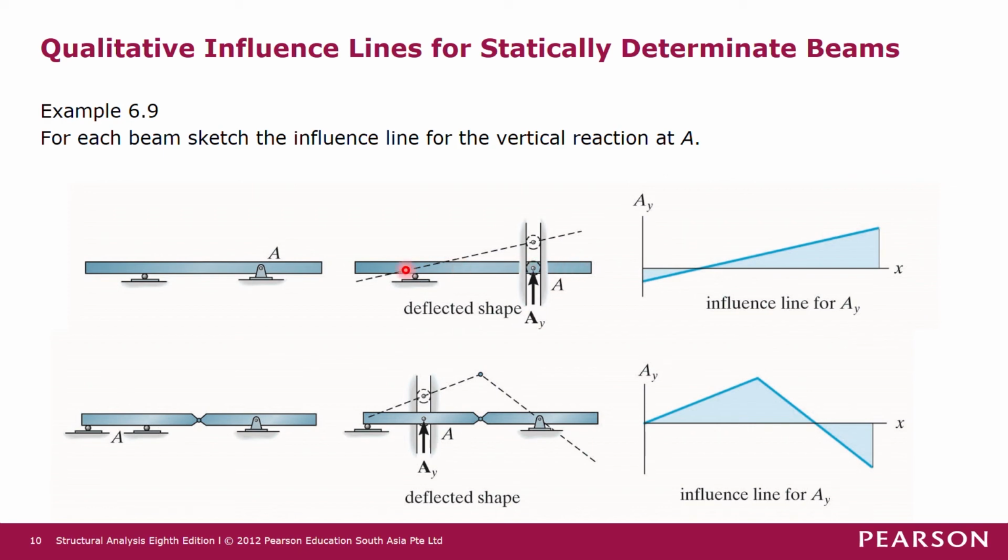When this bar is acted upon by a force there, this bar will deflect in this manner. So this will give you the shape of the influence line for AY.